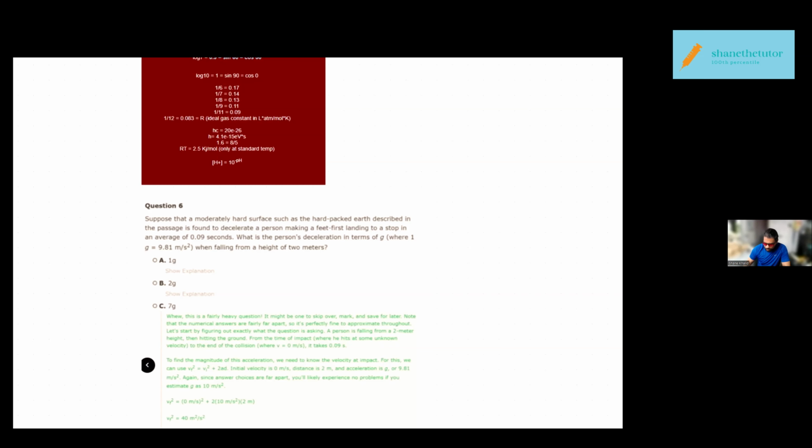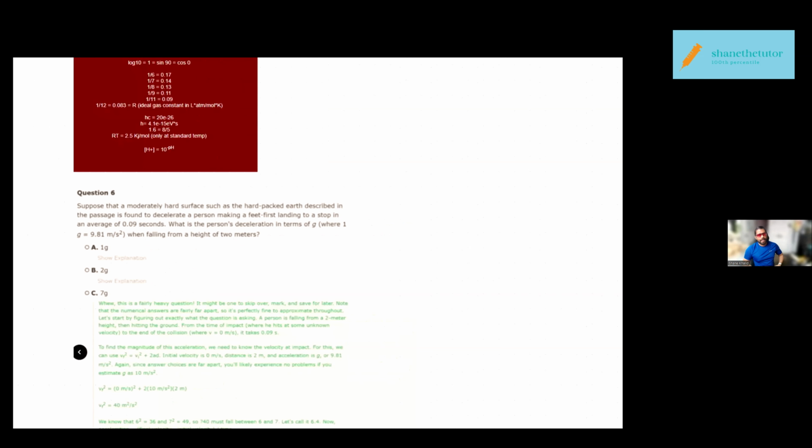Okay, so for any calculation problem, what you want to start off doing is taking an inventory of the values that are given to you. So for instance, we are given time here. We are given g, of course, and we are given a height of 2 meters.